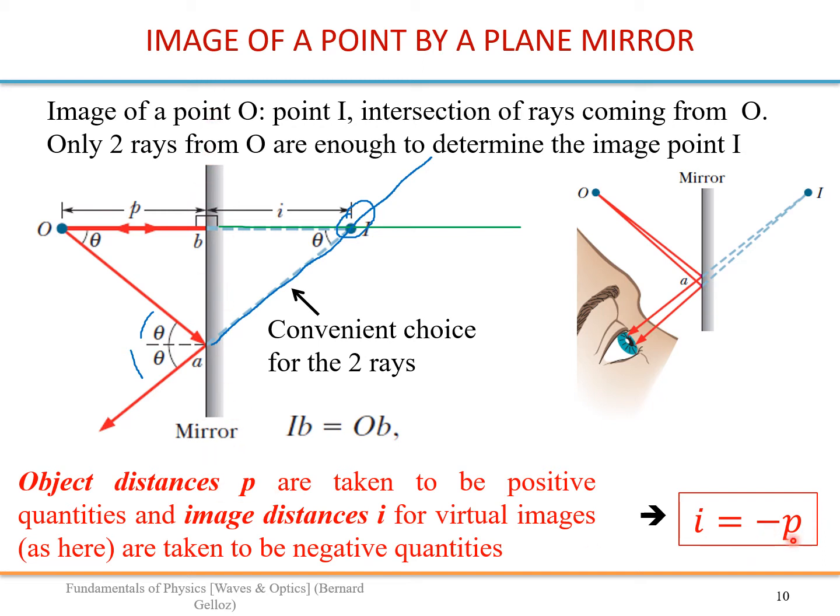So you usually call that P. And the image, so the position of the image from the optical component, is usually called I. And now the sign given to I is in this case negative. Why? It's because for virtual images I will be taken negative.